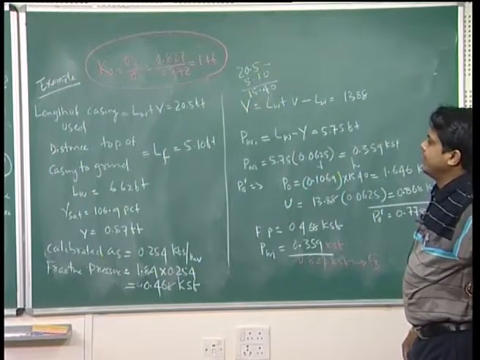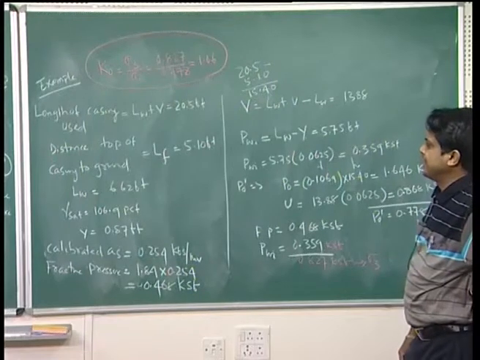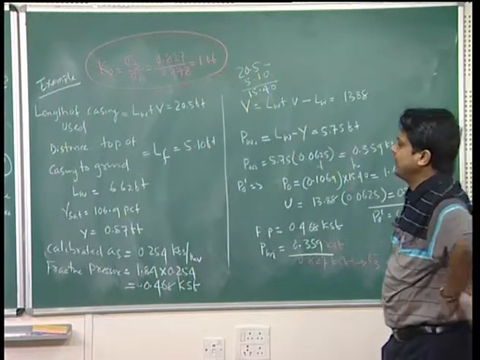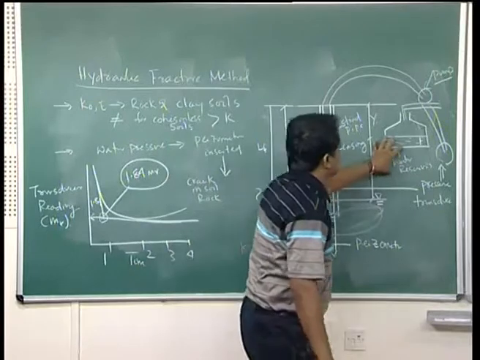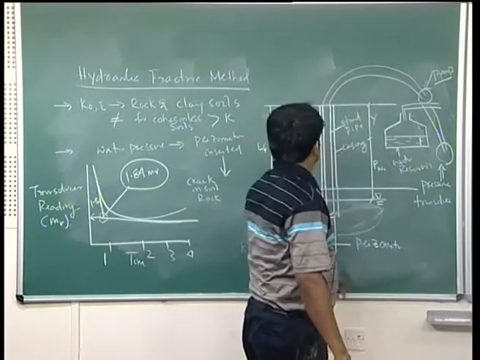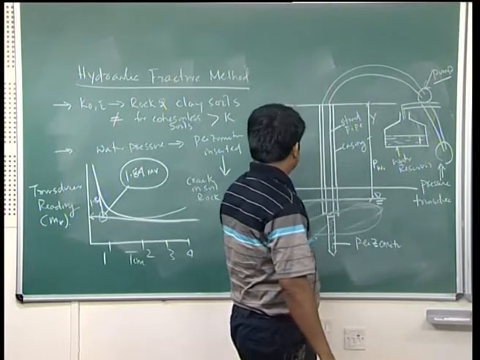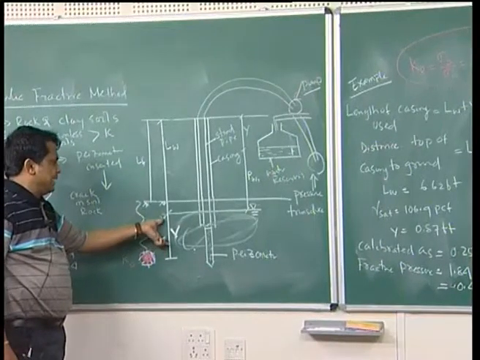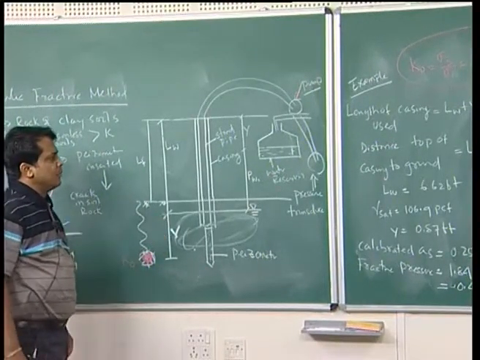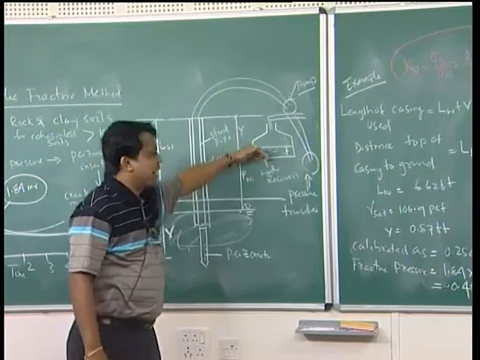So, if you look at here in the hydraulic fracture method, one example is given, with details of the length of casing pipe and height of this water reservoir given, and LW plus B is given. From there you can find the height equivalent to your piezometric height, and the water pressure you can find because of your water reservoir water pressure height.